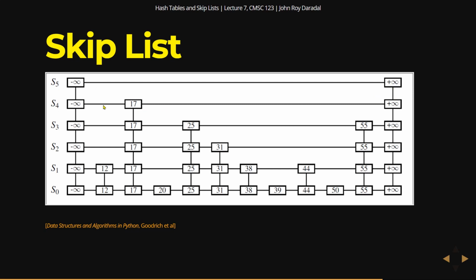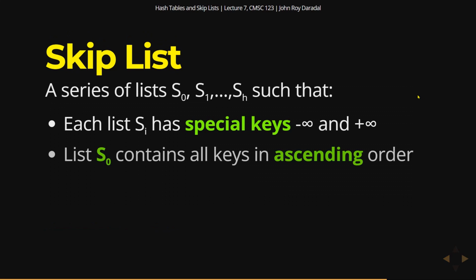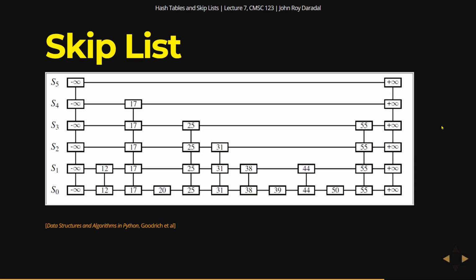Each list has the negative infinity and positive infinity. And list S sub 0, the bottommost list, contains all the keys in ascending order. We also mentioned that earlier. All of the keys in the ordered map are in S sub 0, the first list at the bottom.